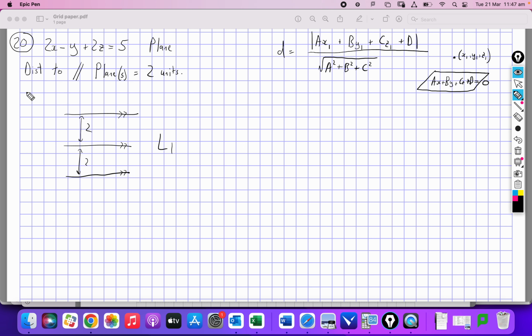So really, if I call this plane 1, call that P1, there's a plane 2 and a plane 3. Right, so the same thing with planes.